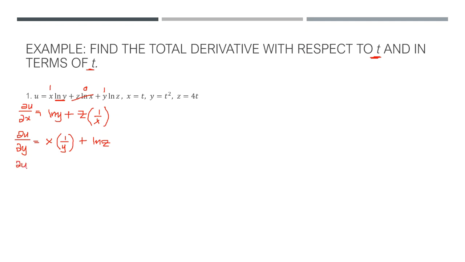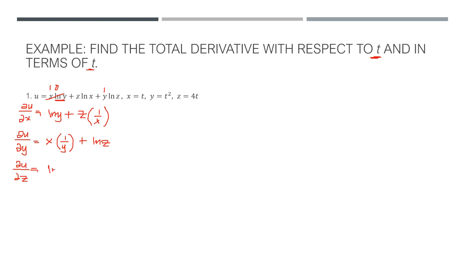Next one is the derivative of u with respect to z. So for the first term, it has no z, so that's 0. Now for the second term, we have z ln x. So for z ln x, the derivative of z is 1 times the constant value, which is ln x.